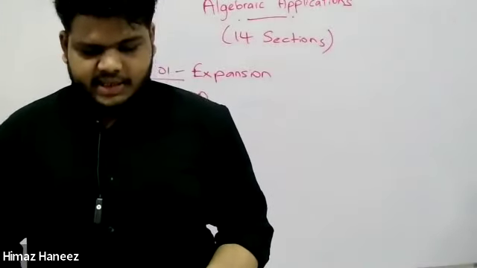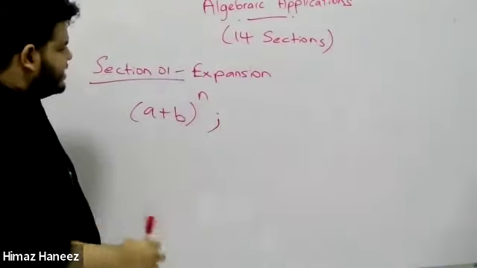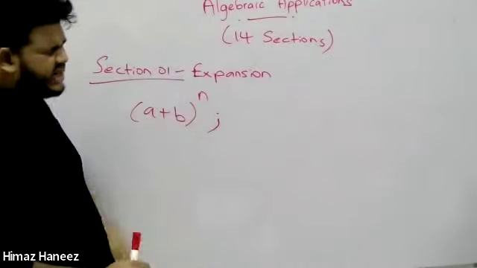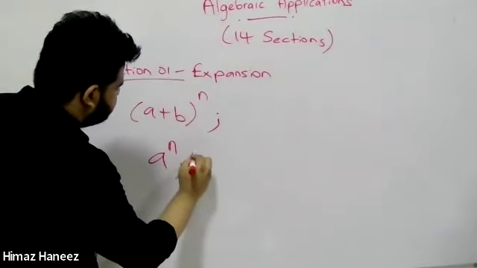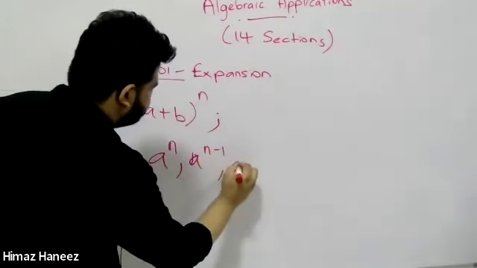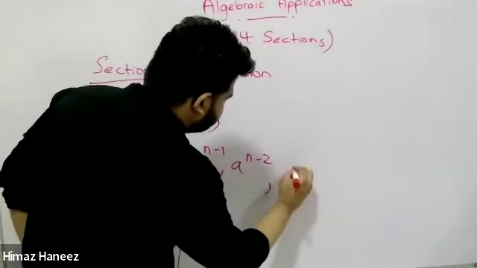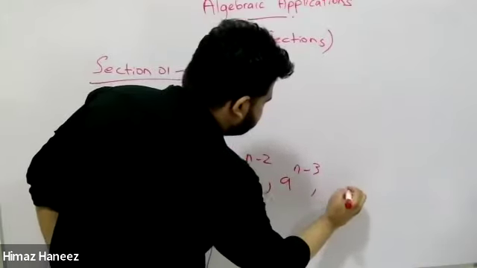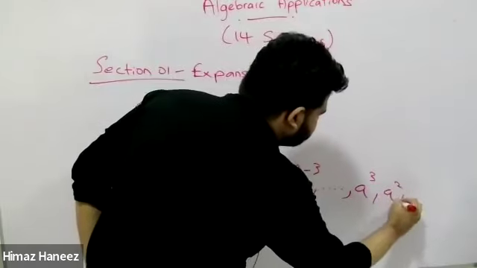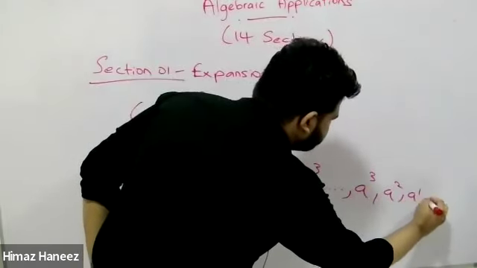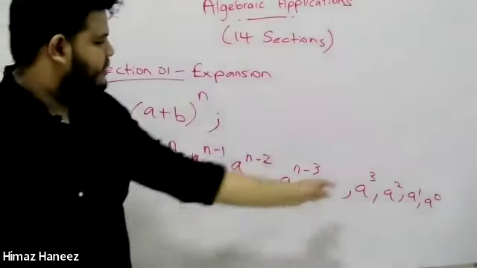Then close the bracket, and after writing the bracket, write 2 semicolons. After that, write this below the semicolons.